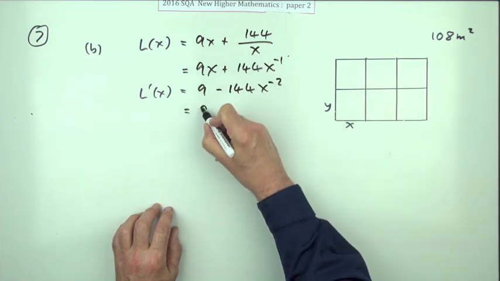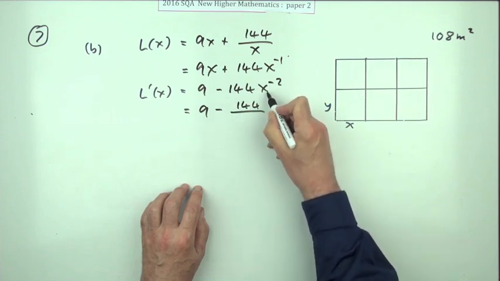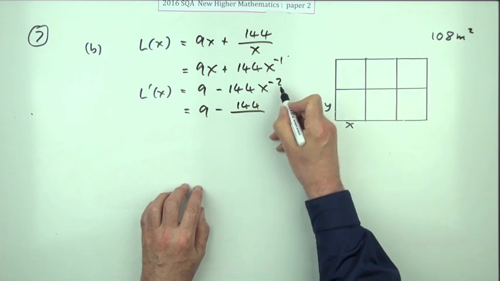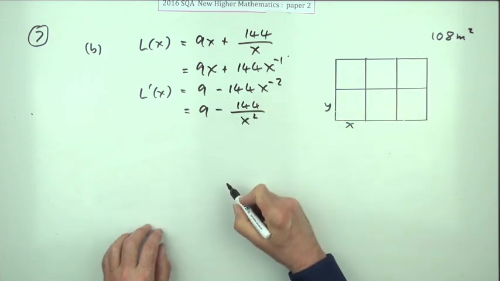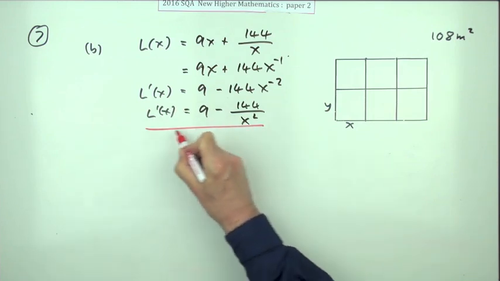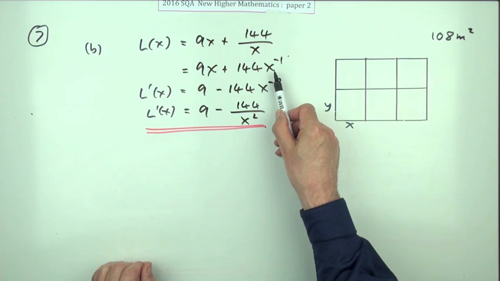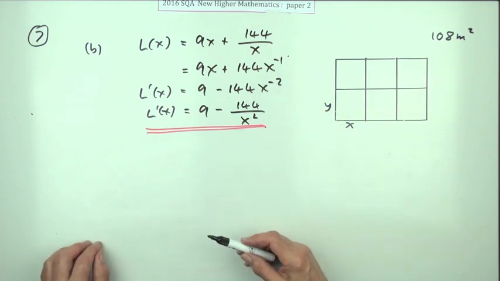But I'm going to be using this, so I'm going to finish it off by writing this term properly, as negative means it's down below, and squared. So that's L dashed x, which would probably be 2 marks worth, one for putting it to a suitable form and one for differentiating it.